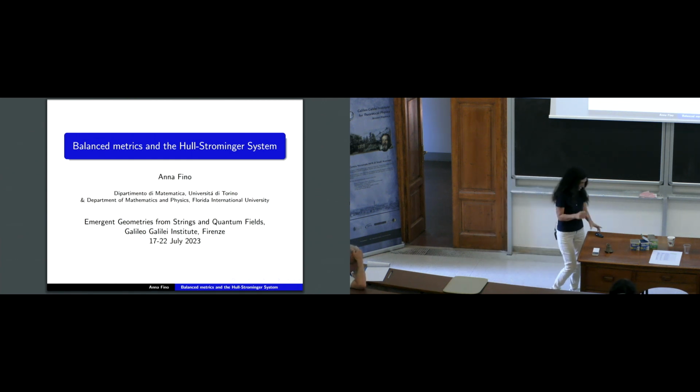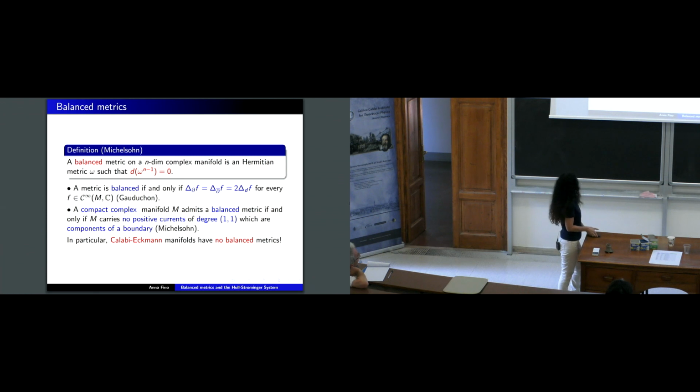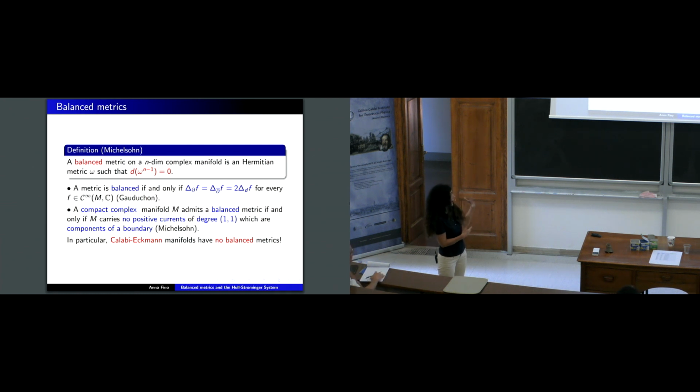Let's start with an overview about balanced metrics. Definition: let's take a complex manifold of complex dimension n. Here I will identify the metric with the fundamental (1,1)-form, or Kähler form, omega. The condition is essentially that if you take the wedge product of omega n minus 1 times, that form is closed.